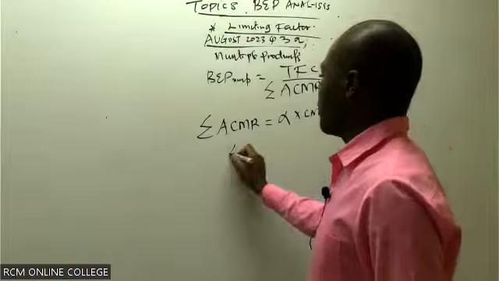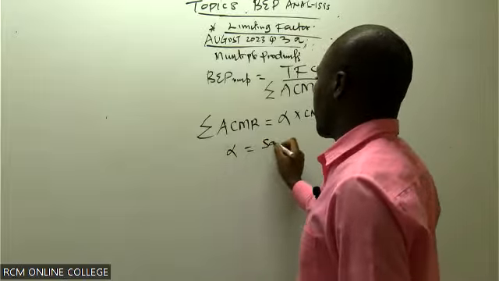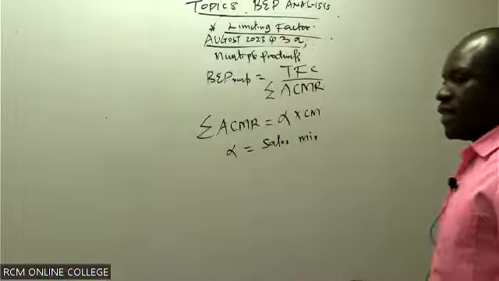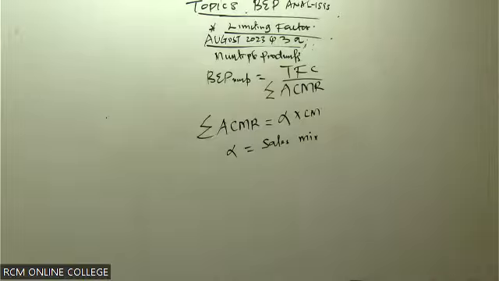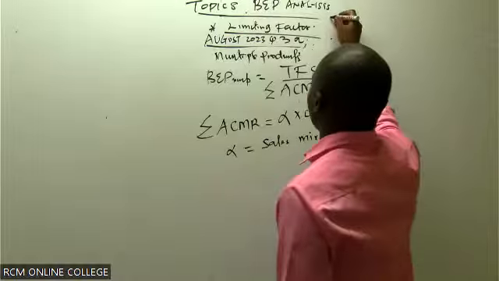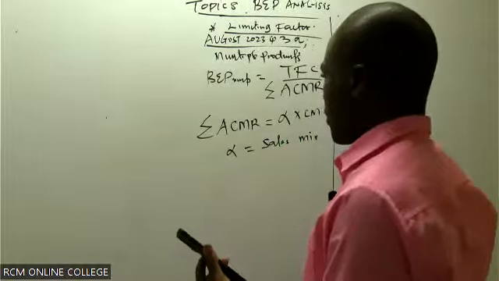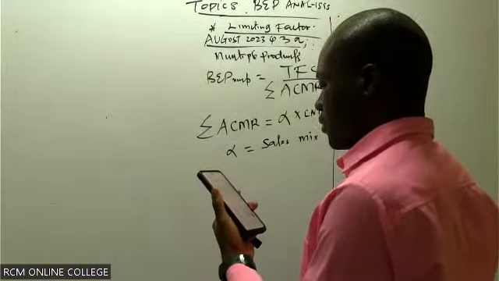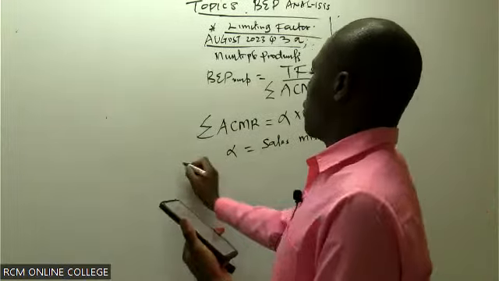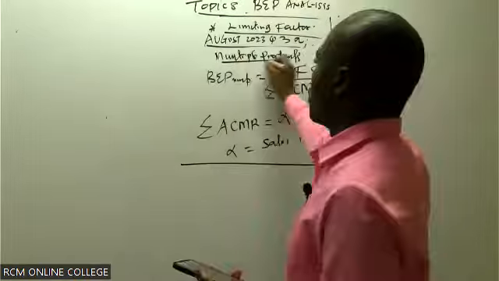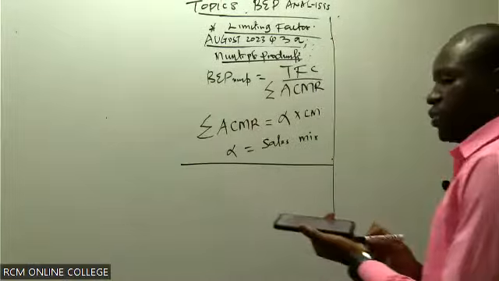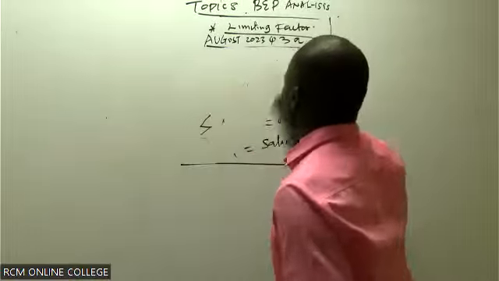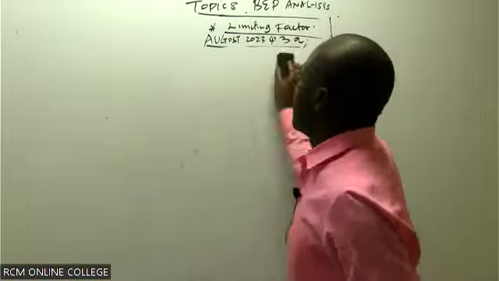Now, this alpha is basically the sales mix in units. So this is what you need to have for the multiple products. But I need to get a clear question on how to deal with the multiple products, which will be in our next illustration.